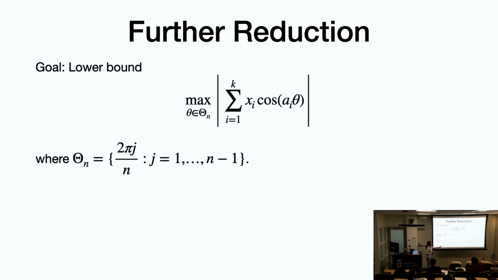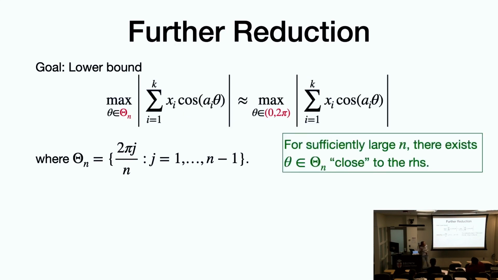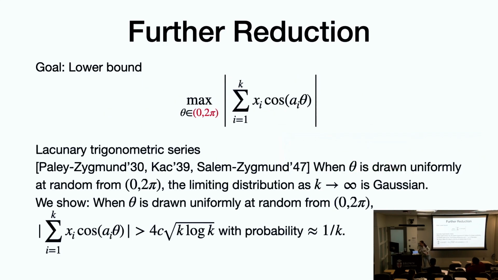So our goal becomes to lower bound this. For sufficiently large n, we can approximate this number by the maximum absolute value of the sum, where now the maximum is taken over theta from 0 to 2 pi. It turns out this sum is well studied if a1 up to ak have increasingly large gaps.